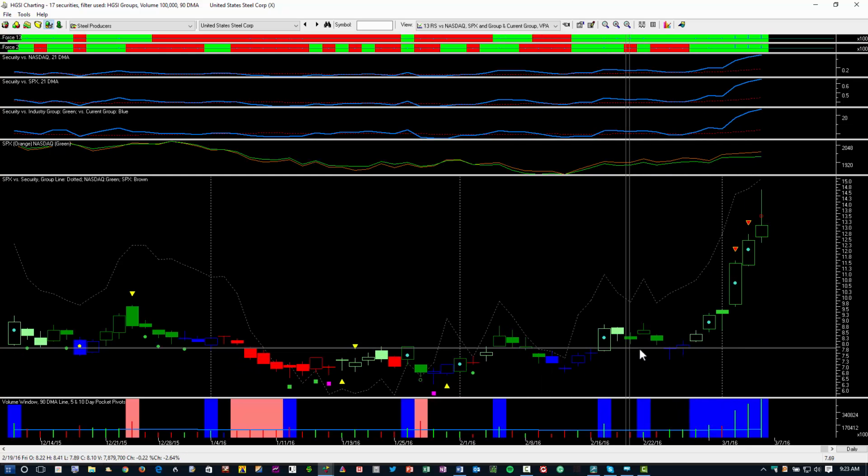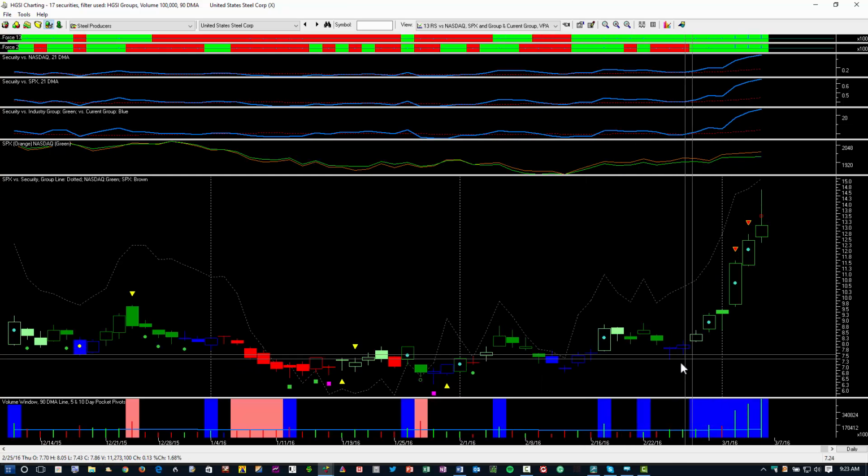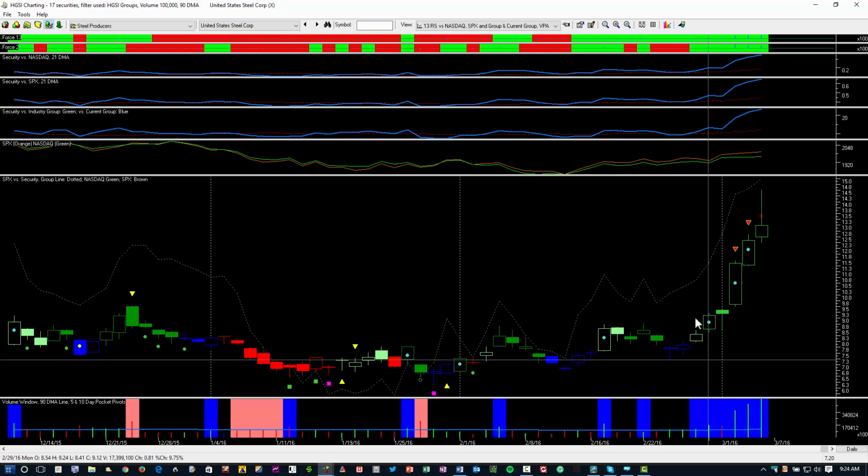The smart money was buying down here. The group was starting to move up, and then we had this big rush up, and I wouldn't touch these steel stocks now. They've had a huge run, and the fundamentals are terrible. This is a very weak chart. These were strong charts because they were going up on heavy volume. They closed near their high of the day. But this is where the accumulation was starting to take place back here.